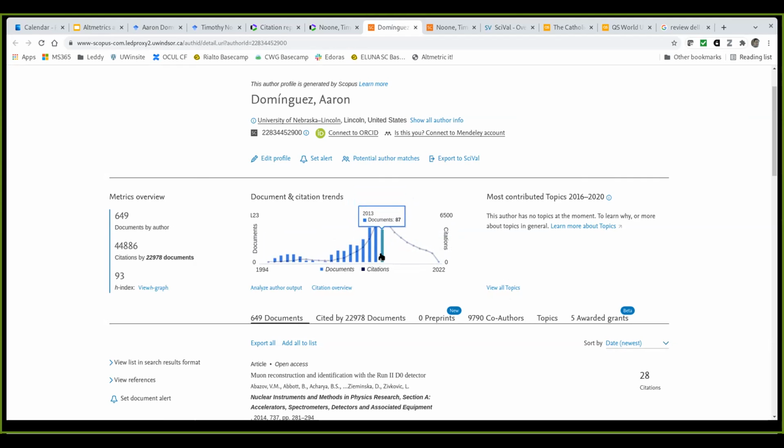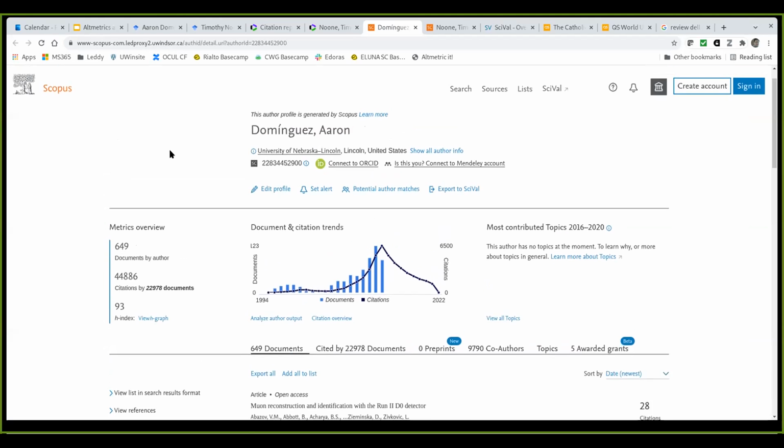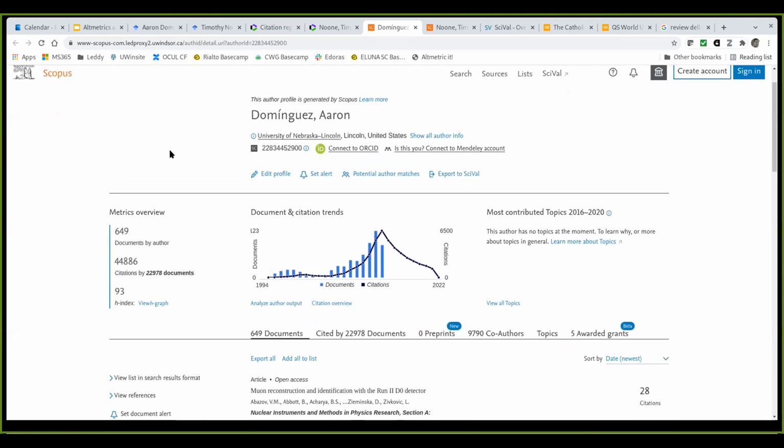In this case, we have only documents up to 2013, and I assume that's when he left the University of Nebraska at Lincoln and went elsewhere, eventually coming to Catholic University. Interestingly, he's not represented as a Catholic University author within Scopus.